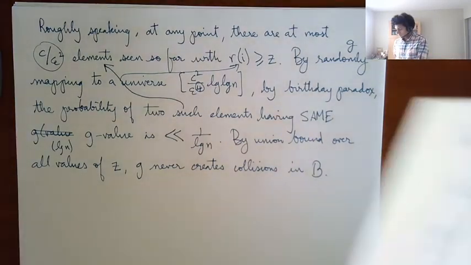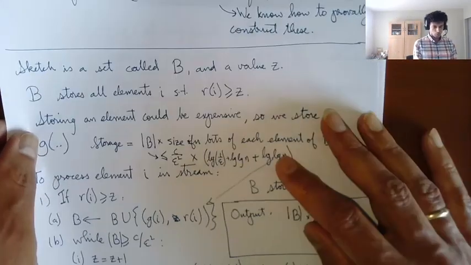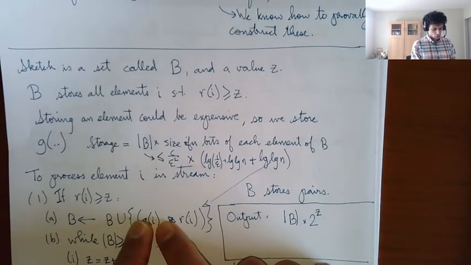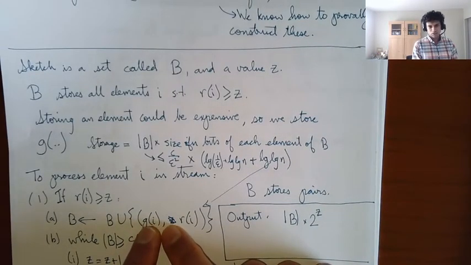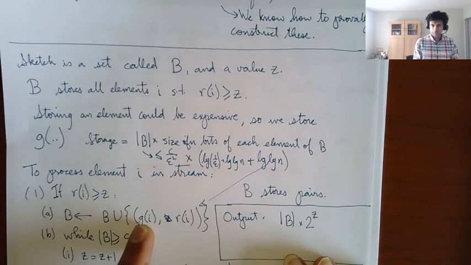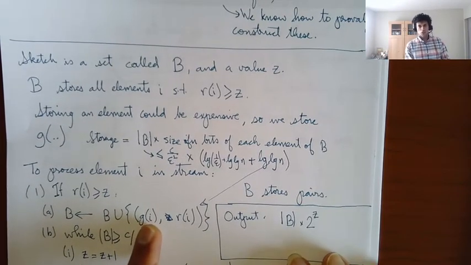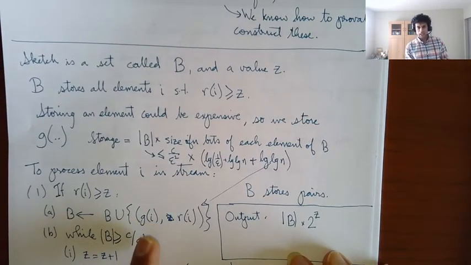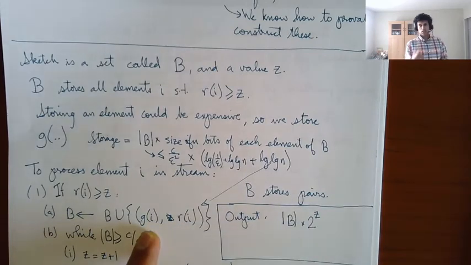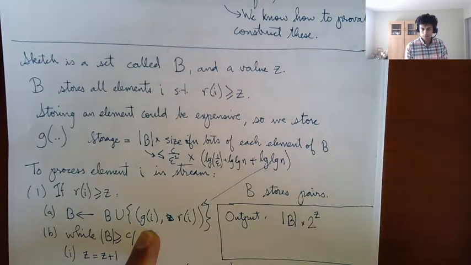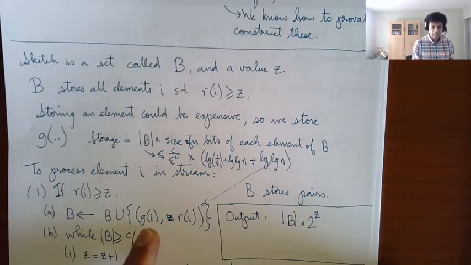But the concern that was raised was, what is the point of G? Remember, we couldn't really store I. We had to store G of I to save space. What we're arguing is that because G maps to a sufficiently large universe, we are guaranteed that there are no collisions here.